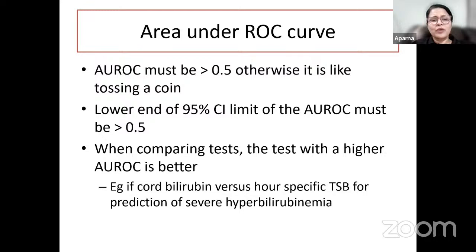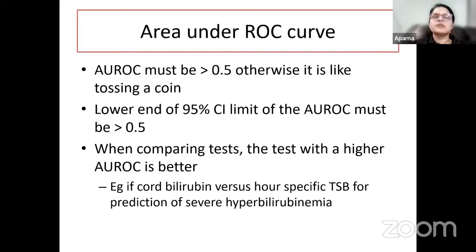Generally, AUROC must be at least more than 0.5 for any good diagnostic test. Otherwise, the test is as useless as simply tossing a coin. The lower end of the 95% confidence interval of the AUROC must be more than 0.5. And when comparing different tests, you can use the AUROC as one simple variable for comparing the diagnostic performance of different tests.